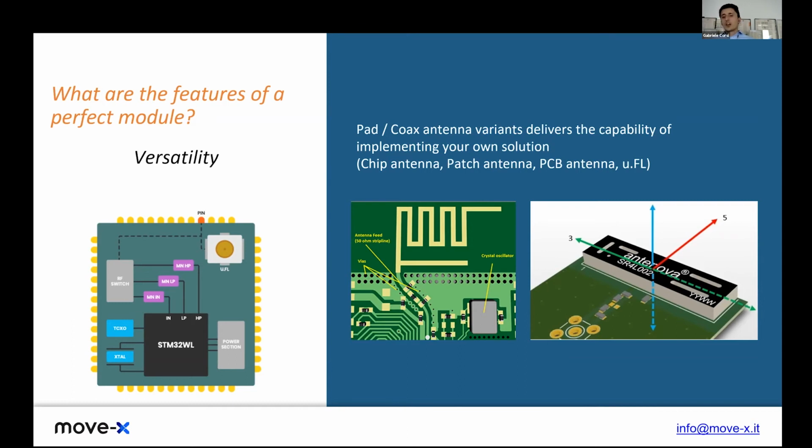If you want to implement a different solution, for example, if you want to go for a cheap antenna or PCB antenna, which could become very important if you are in a very small, compact design, you can go and get the pad antenna version, which is the 01 variant. So in that way, you will route the RF pad outside of the module with your RF matching circuit.